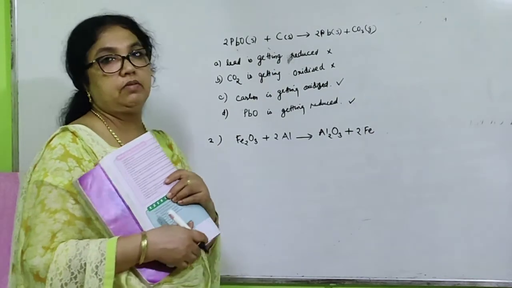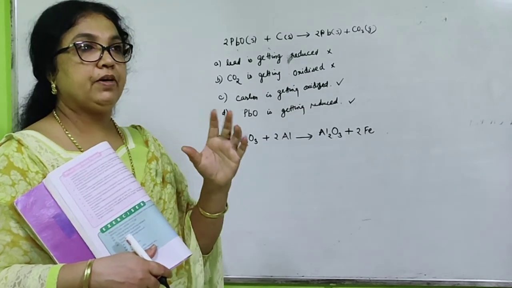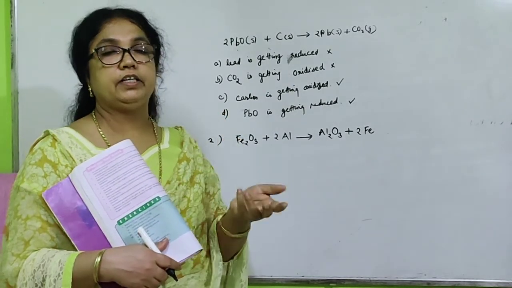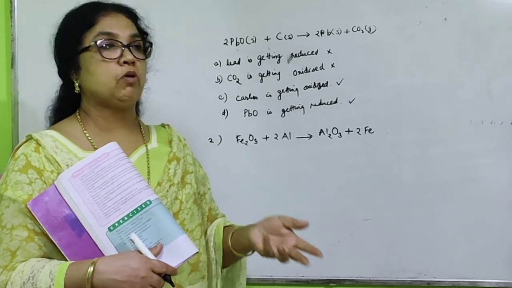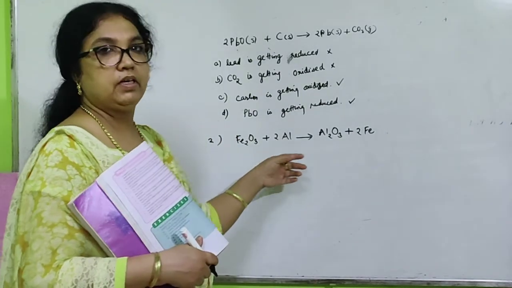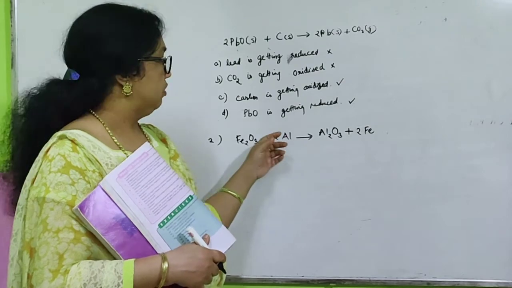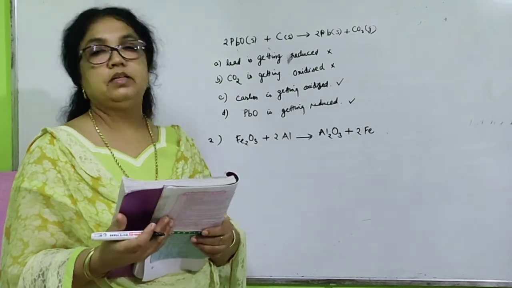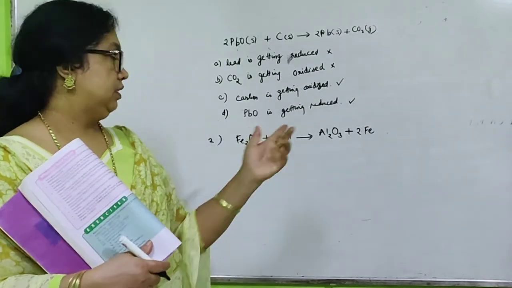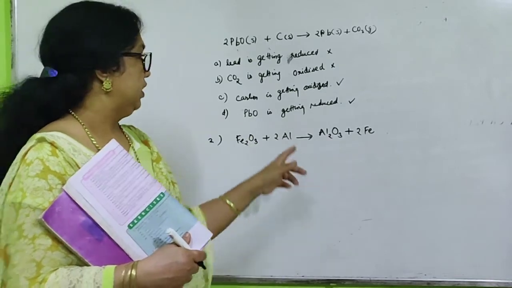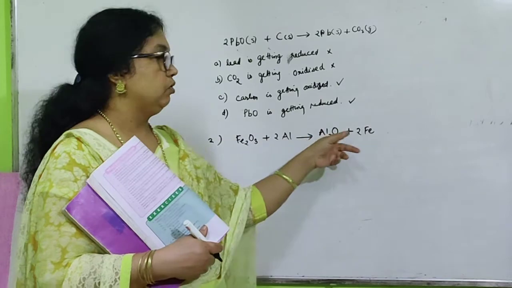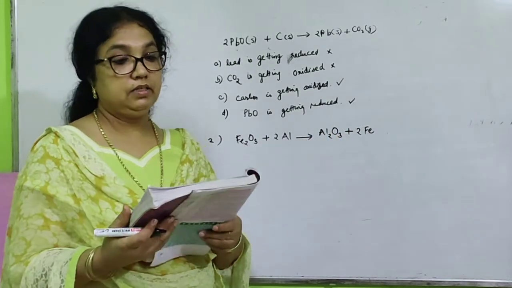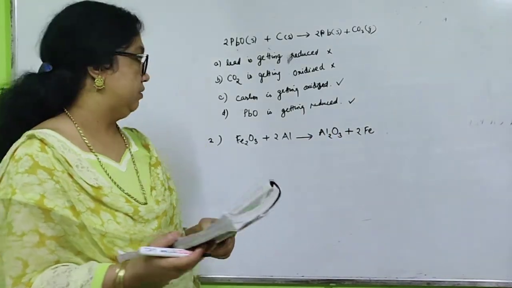Then decomposition. What is a decomposition reaction? If a single reactant on heating or with some energy decomposes to produce two or more products. Here it is not one reactant, so that is also not a decomposition. The last one is displacement, which I explained. Here aluminum displaces iron from Fe2O3 to form Al2O3 and Fe. So displacement reaction is the answer.